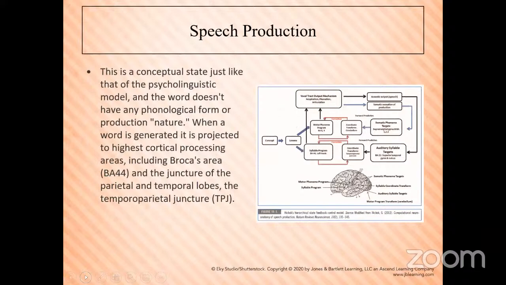So speech production, let us understand, begins as a conceptual state. Like in the psycholinguistic model, the word doesn't have any phonological form or production nature.